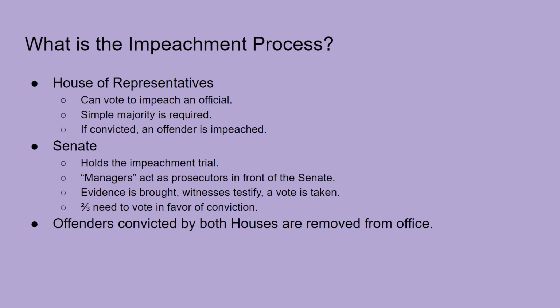Much like any other trial, evidence is brought forward by both sides, the defense for the offender and the prosecution in the form of the managers. Witnesses can testify for both sides as well, and then finally a vote is taken.